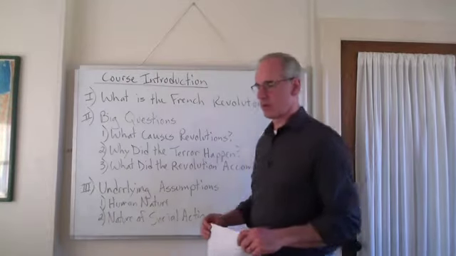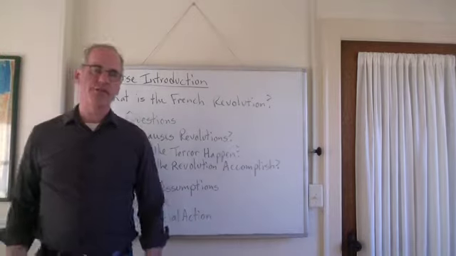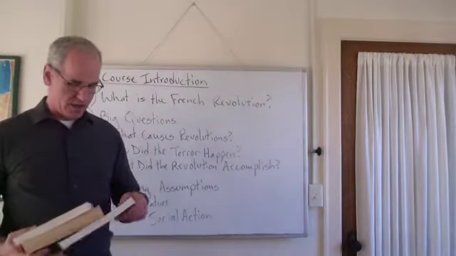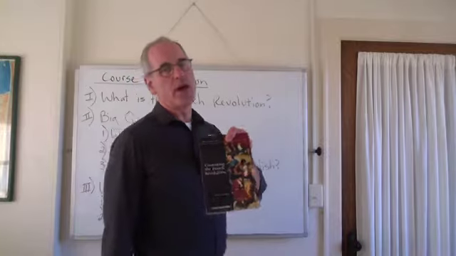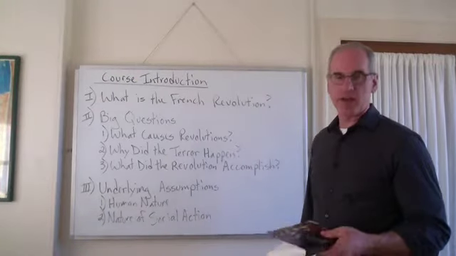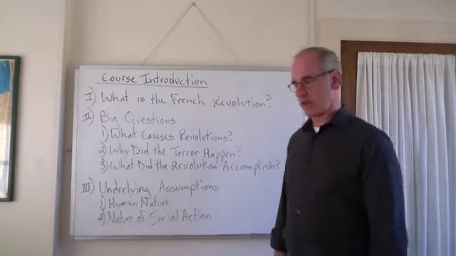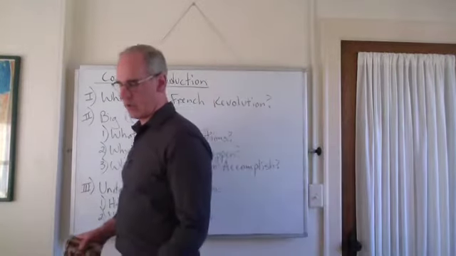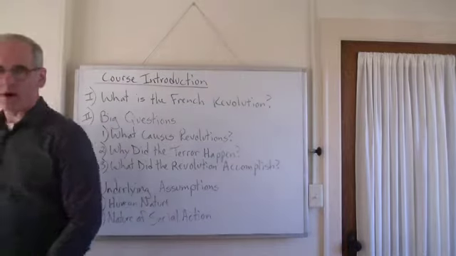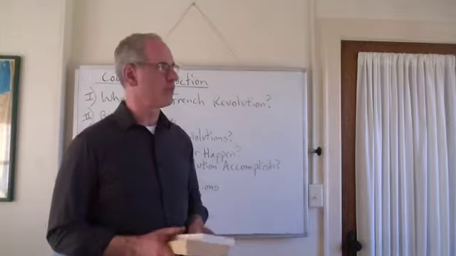For the readings, there are 3 books that you should have. The first is Contesting the French Revolution by Paul Hansen. This is basically just a textbook for you. It includes an overview of the French Revolution and some of the key questions of the French Revolution. You're going to want to use that for the papers because you're going to need quotes and things for the papers, and that's a good source for that.